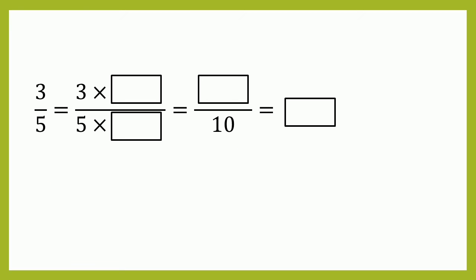Now we will try to solve this sum. The fraction is 3 upon 5, and the rest of the things are given. We just have to fill up the boxes. So we have to make the denominator 10. We already know the table of 5: 5 2s are 10. That means we will multiply both numerator and denominator by 2.